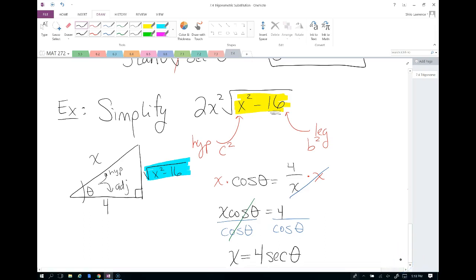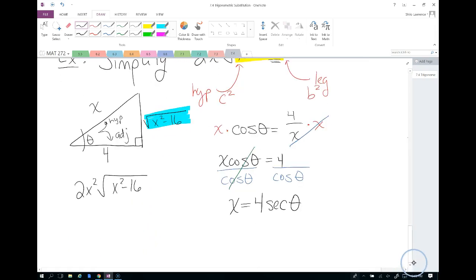We've got 2x squared times the square root of x squared minus 16. And we want to replace all the x's with 4 secant theta. And then I'll go ahead and apply my squares.